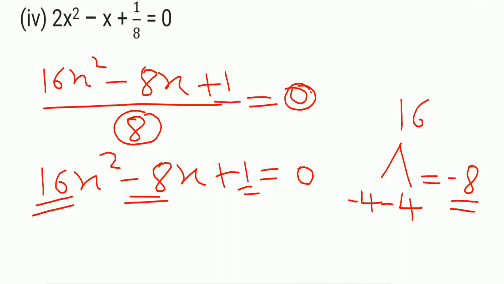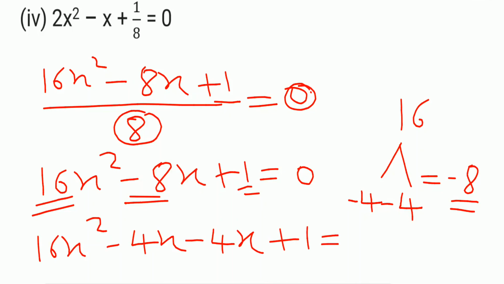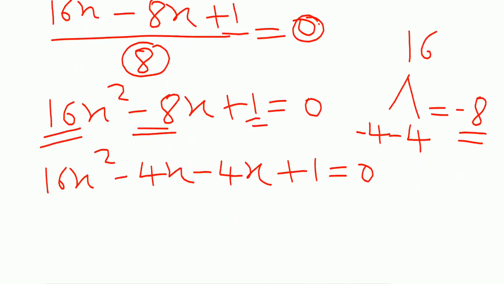See, minus 4 into minus 4 will become plus 16 right now, and addition is minus 8. So these two numbers are perfect. So here I'll write down 16x square minus 4x plus 1 which is equal to 0.